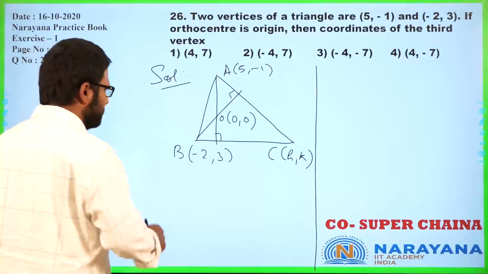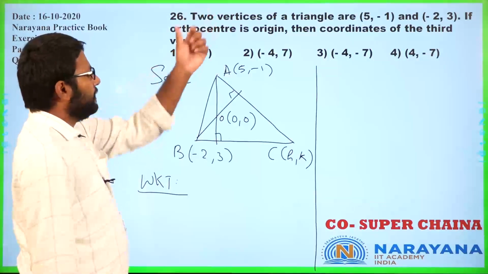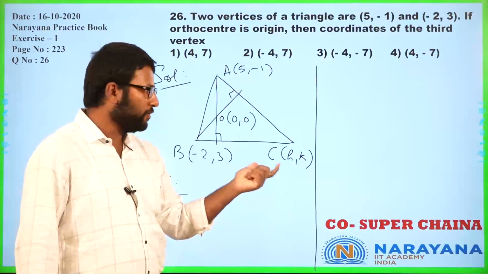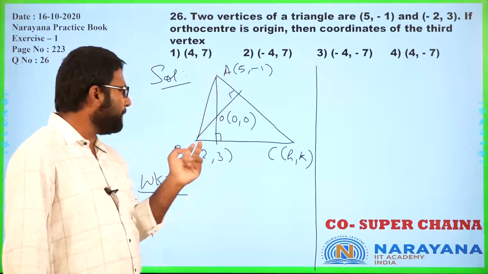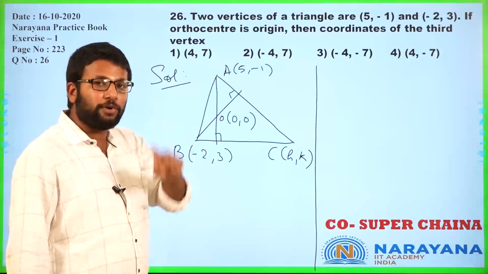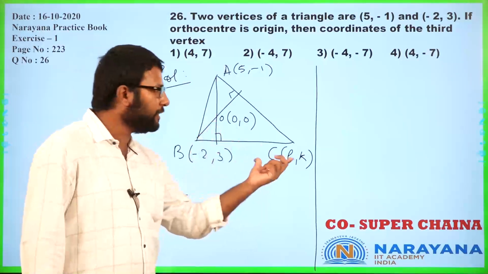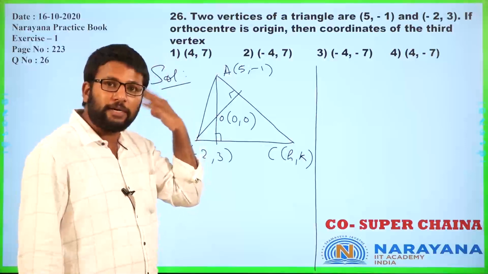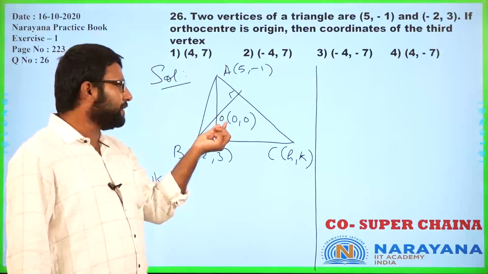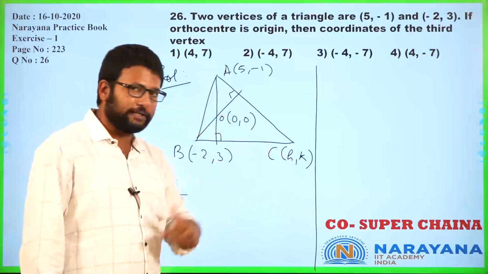So first observation: if you want the third vertex, is there anything special about it? We don't know this, but we do know the coordinates of A, B and O, right? And do you recall the property that the orthocenter of triangle ABO is the third vertex? In one of the earlier questions we have done, the orthocenter of the triangle formed by the orthocenter plus any two vertices is automatically the third vertex.